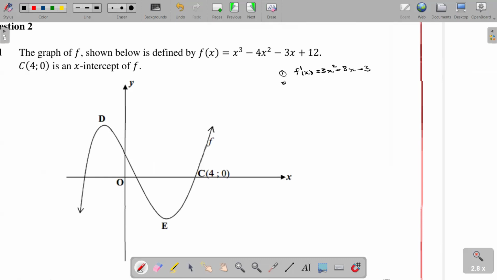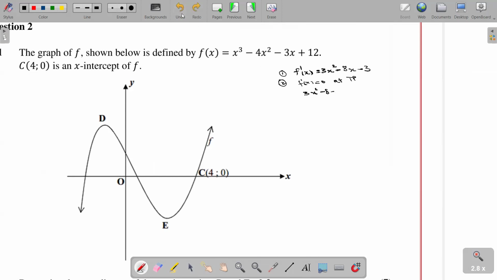So this was step number 1. The second step, you have to know that at a turning point, f prime must be equal to 0. We said where? At a turning point. So it simply means in our second step, we have to equate that first derivative, it is 8x, not just 8, to 0.